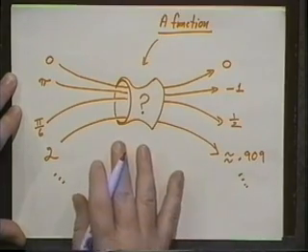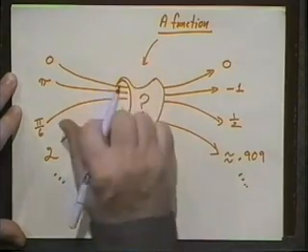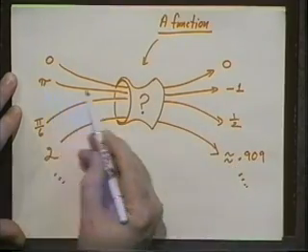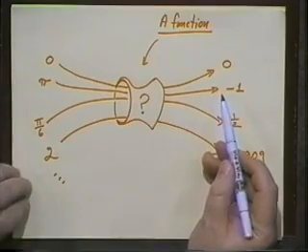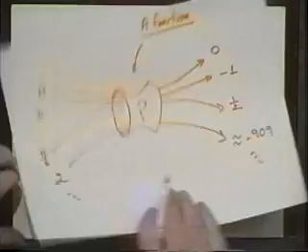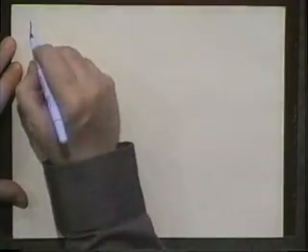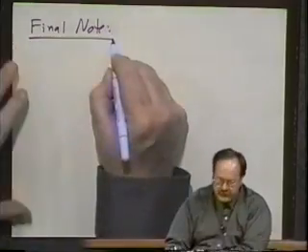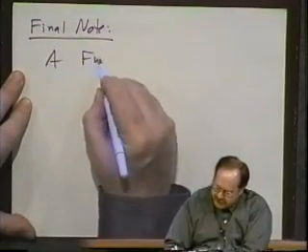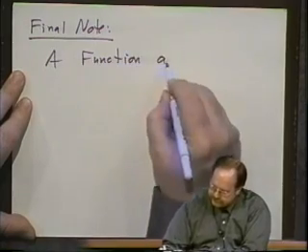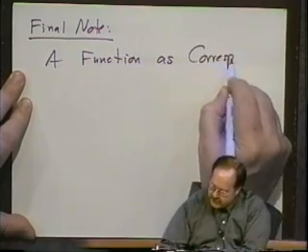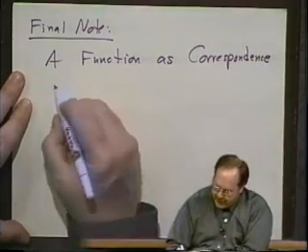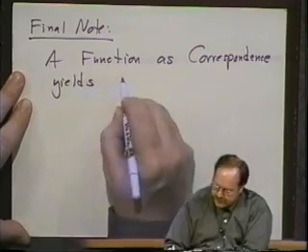The important thing is that you have an idea that a function is a correspondence of some kind between here and here, as long as each value on the left is always going to go to the same value on the right. In fact, a final note on the correspondence version here: a function as correspondence, which is what we've been looking at in all those pictures, with more examples to come, yields a table.